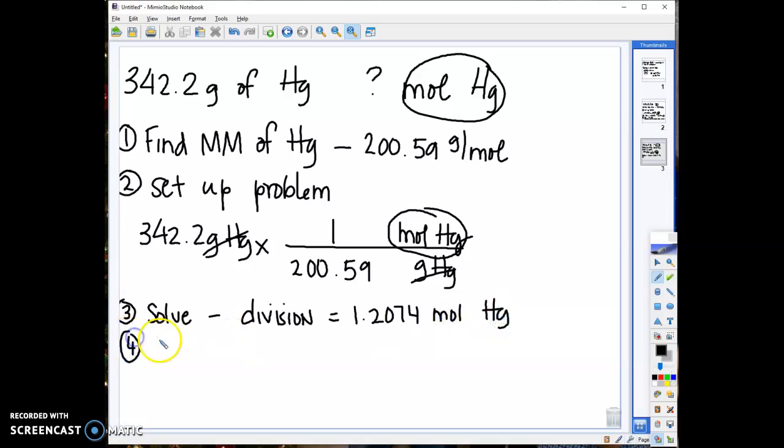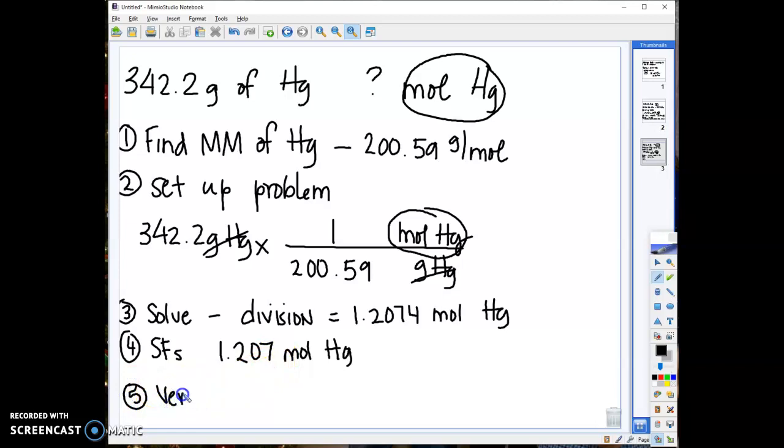Now I need to look at sig figs. In my problem, I had 342.2, so I had 4 sig figs. I need 4 sig figs in my answer, so 1.207 moles of mercury. Remember, zeros are significant if they're in between 2 non-zero numbers, and these are.